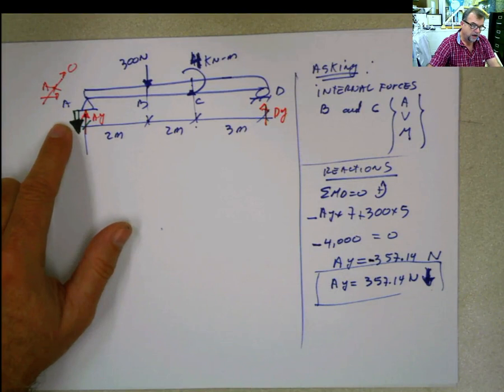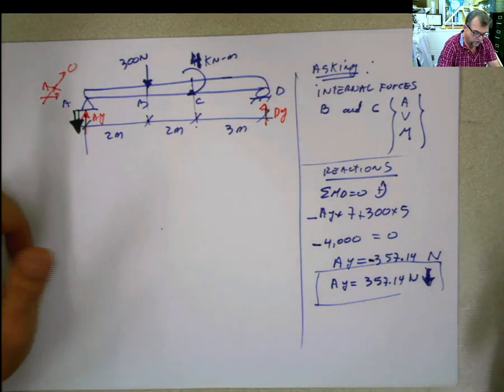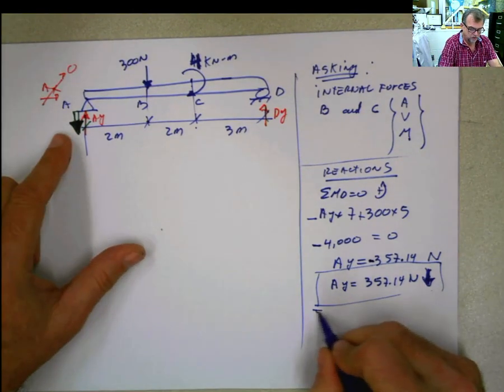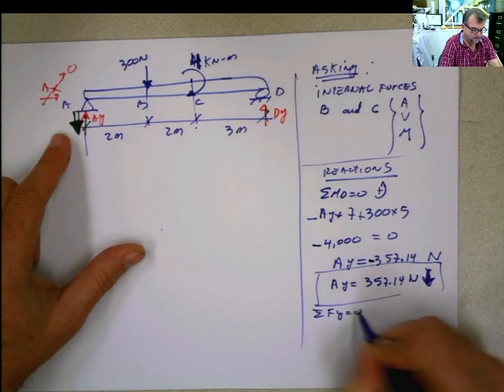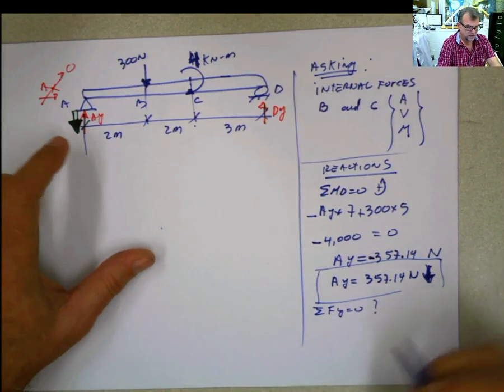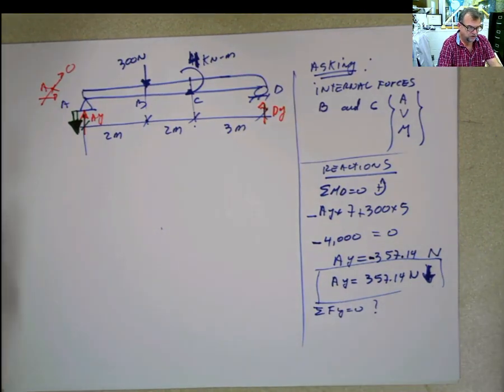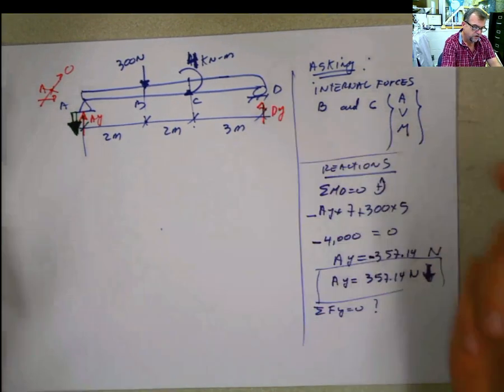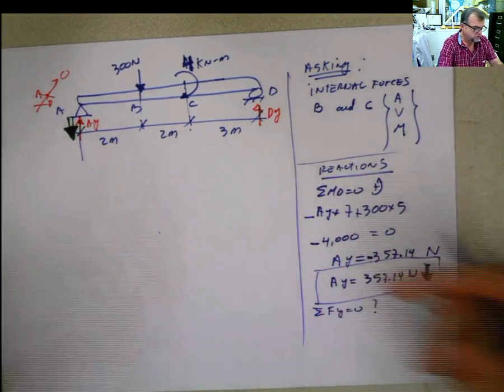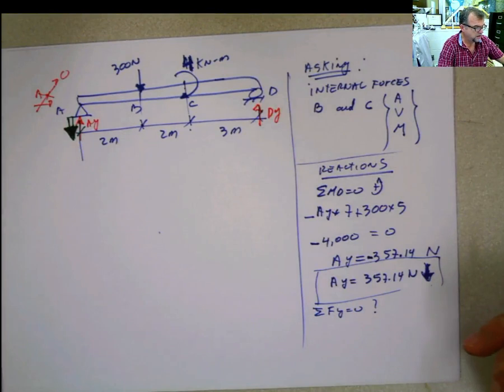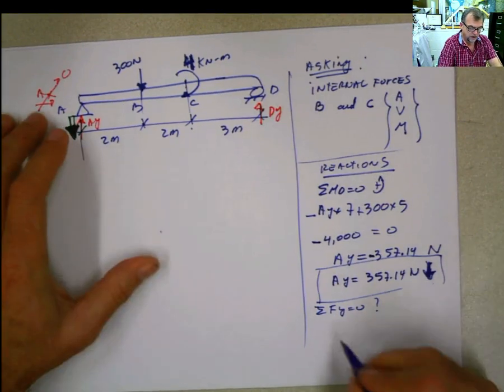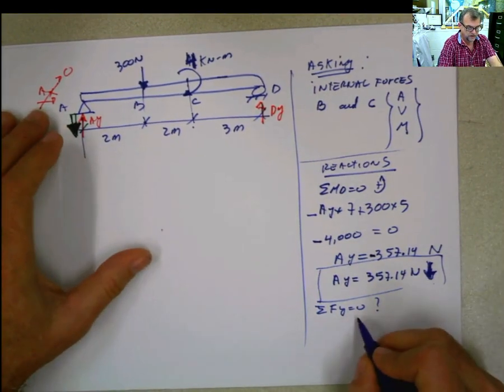And now if you want to, you can do summation of forces in Y equals 0. And then you say, why are you going to say if you want to so many times? Because I might not even use that, but I'm going to show you a way that you could use that, and it was actually simpler. Summation of forces in Y equals 0.